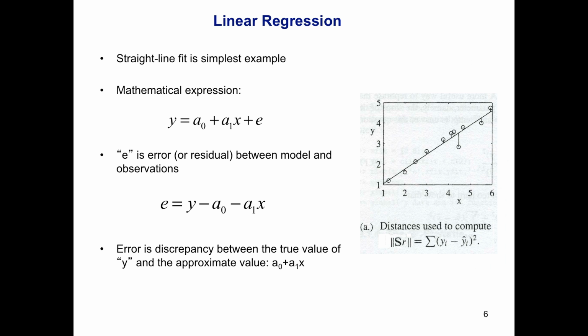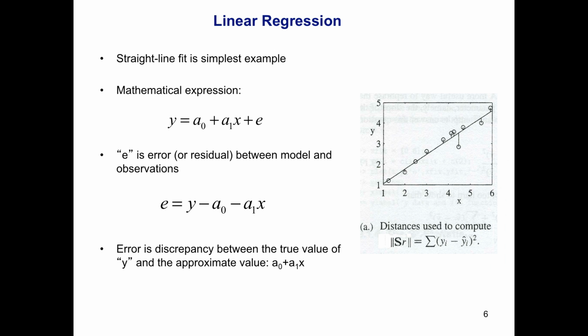What's typically done is that you compute the so-called sum of the squares of the distances. Each of these errors, there's one error between my estimate and my actual data for each of these points. Some of them are positive, some of them are negative. I'm going to square them and sum them up, and I'm going to try to minimize that. That's going to be the cumulative description of my error.